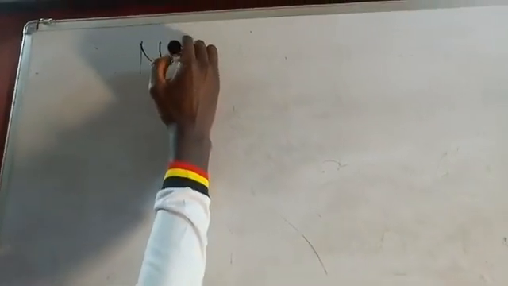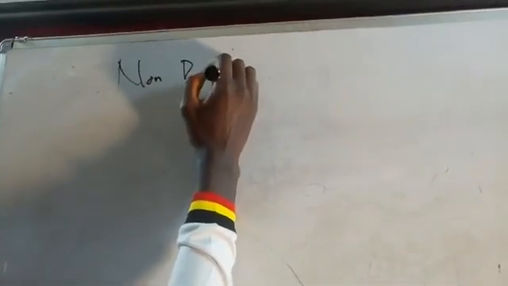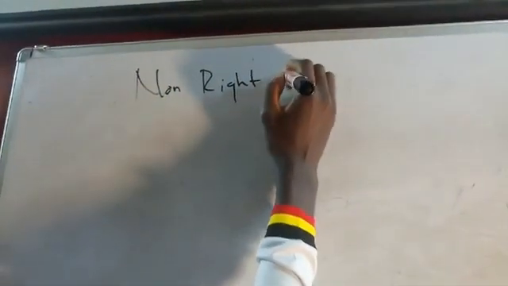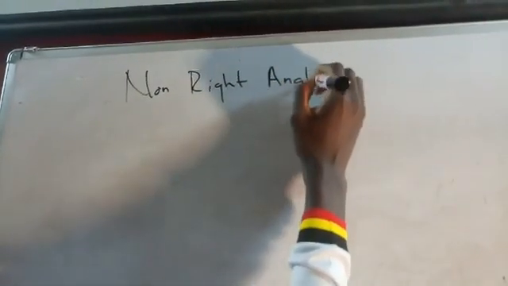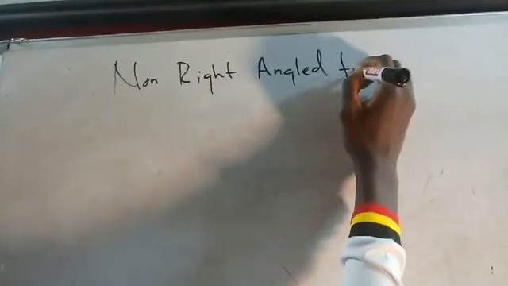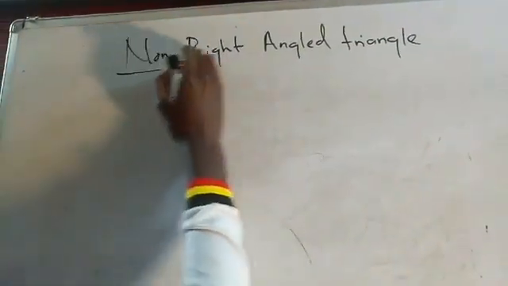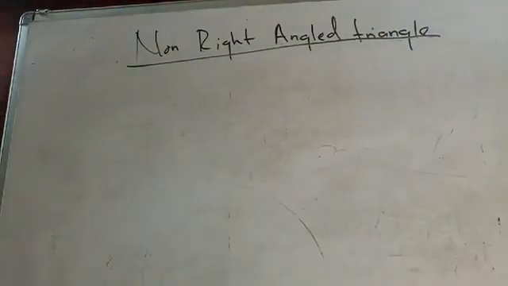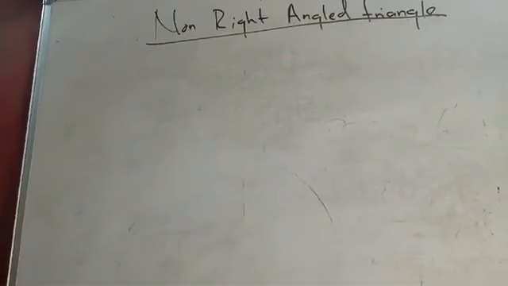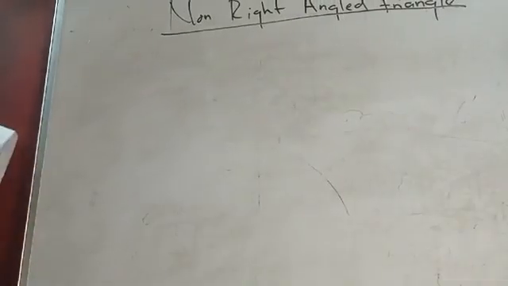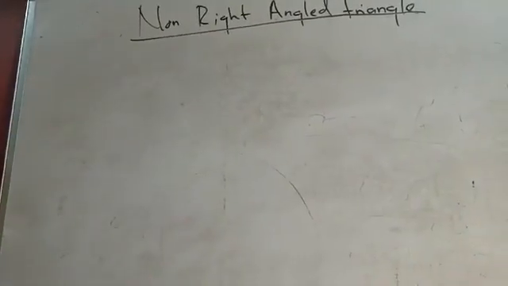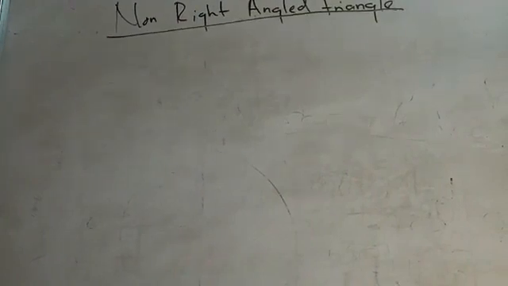Non-right angled triangle. In a non-right angled triangle, there is no angle which will be equal to 90 degrees.